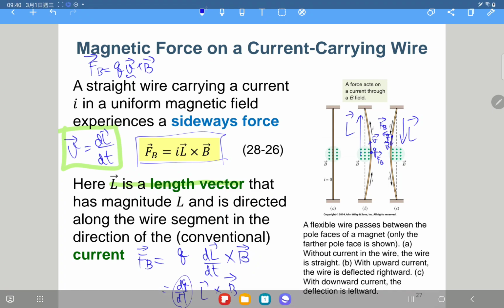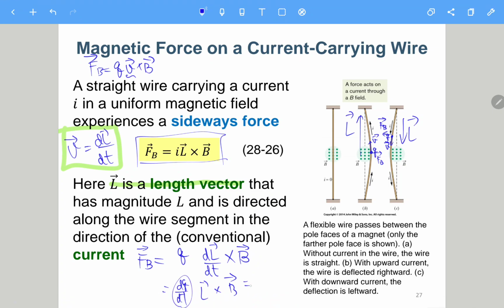And then this one is actually the current, so it turns out to be I L cross B. And here actually the charge is moving. Okay, so it turns out to be I times L cross B.